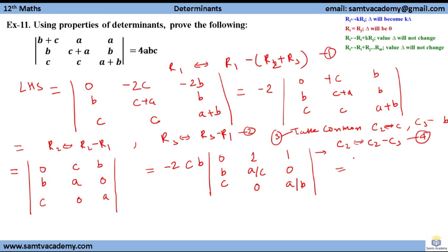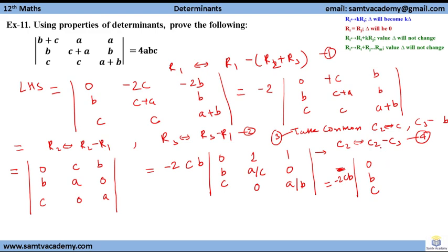Now if you do this, what you are having, once again equal to here minus 2CB you are having. First column will be as it is, 0, BC.